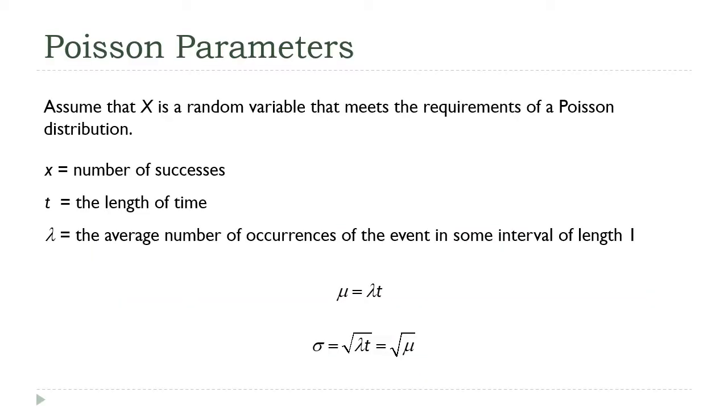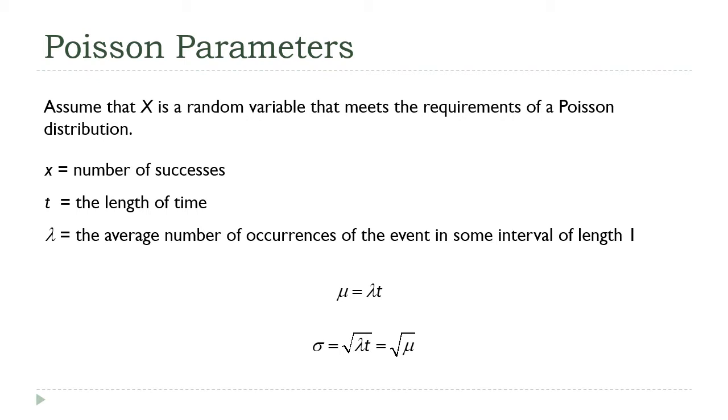So now that we can identify a Poisson scenario and we can calculate probabilities for that scenario, the last thing we need to be able to do is the last thing we did with our binomial distributions. We need to be able to calculate the mean and standard deviation for a distribution. And you see what I've done here, right?